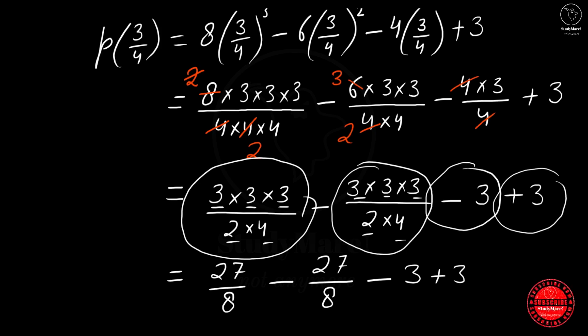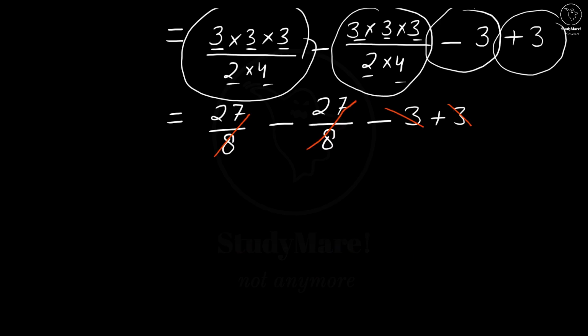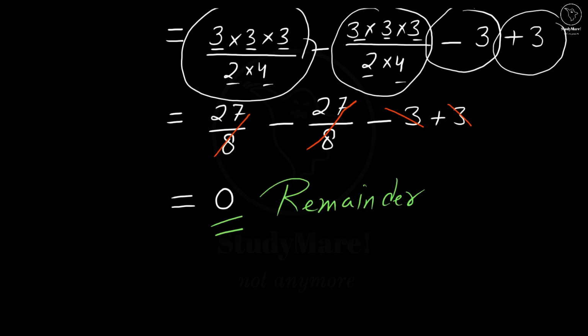So this 27 by 8 cancels out minus 27 by 8, and here minus 3 cancels out plus 3, which gives us 0, and that is the remainder. So you see, we got the remainder as 0. That means g(x) is a factor of p(x).